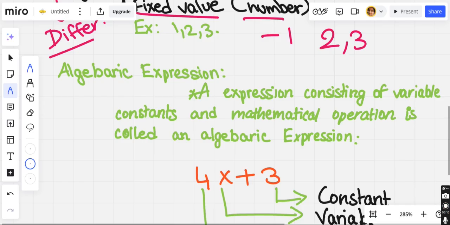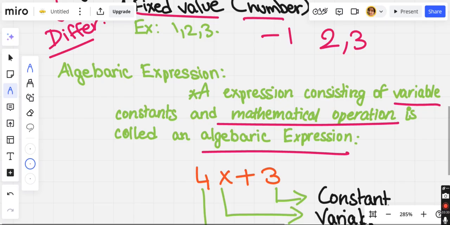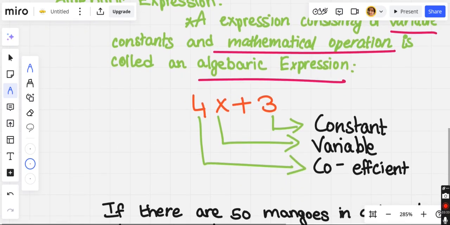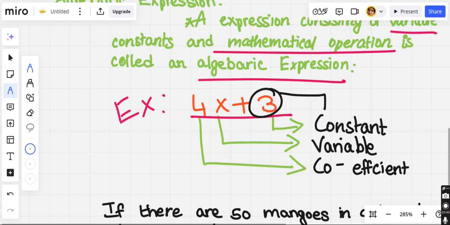So, algebraic expression. An expression consisting of variables, constants and mathematical operations is called an algebraic expression. So this is going to be our example. Here in this case, 3 is the constant.